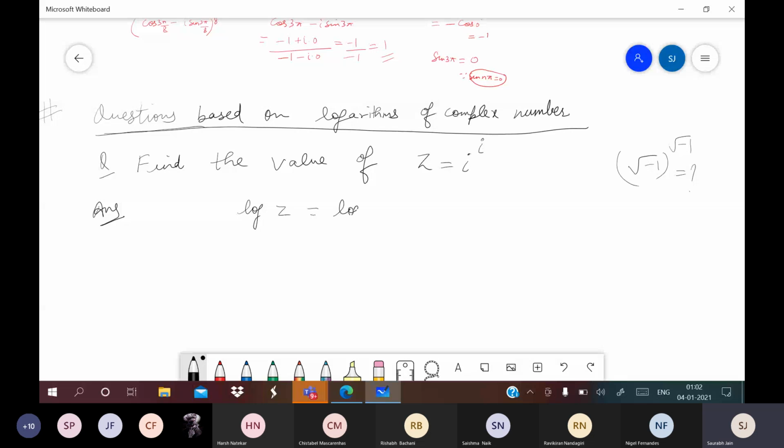Remember, whenever a complex number is in the power, we will take the log. And log will be taken on the base e. This is another important thing. Okay, take log on base of e.